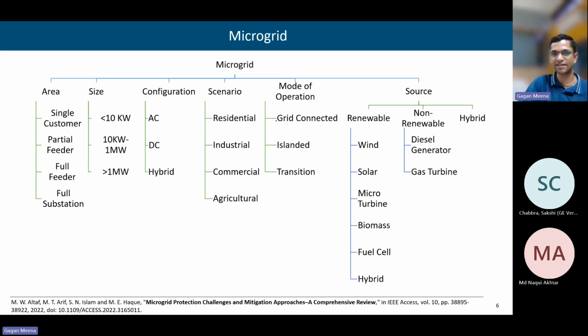One is grid connected mode, when the microgrid is connected to the main grid. And this is the main grid, and we have a circuit breaker here, and then there is another feeder here. Then here can be some loads, the simplest.